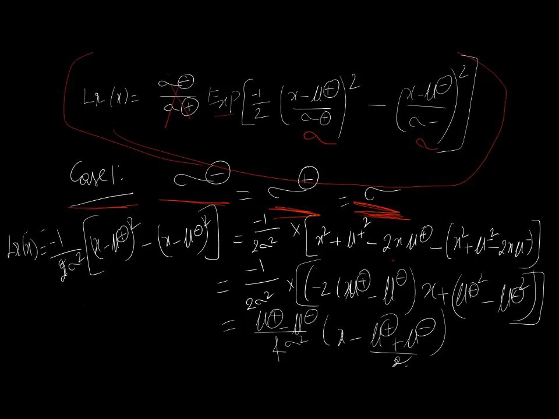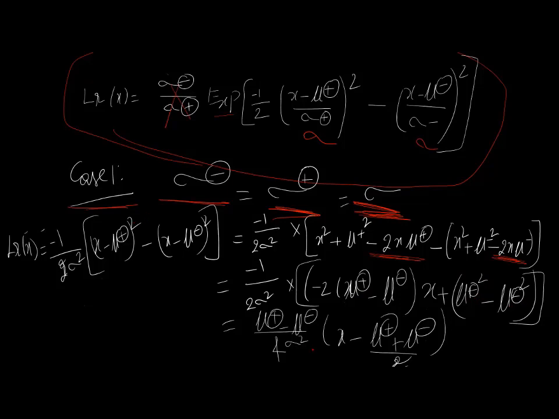You take common in these two terms: taking 2x common, we will get mu positive minus mu negative, and here we write mu positive square minus mu negative square.